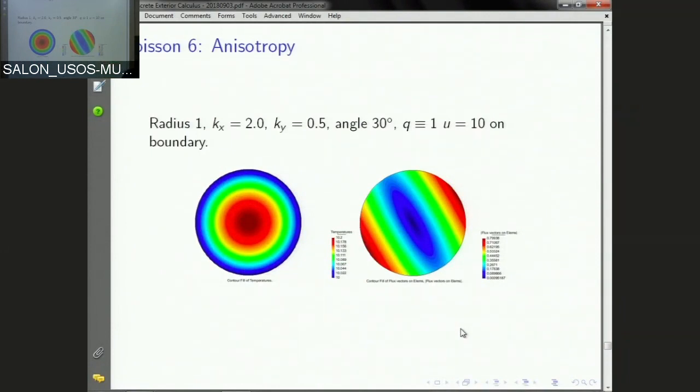It is in the magnitude of the gradient vectors that the actual anisotropy is shown. So, for instance, here we have that the diffusion tensor has two different eigenvalues. It's rotated by 30 degrees. So here you see that it behaves differently in two directions, 30 degrees rotation. Okay, so that was quite satisfactory.